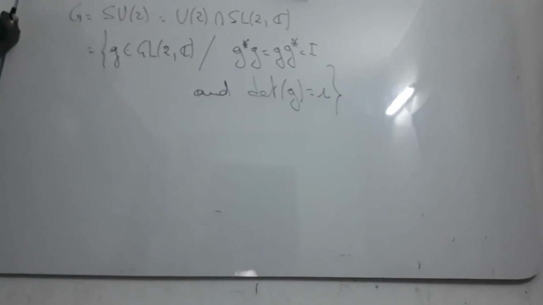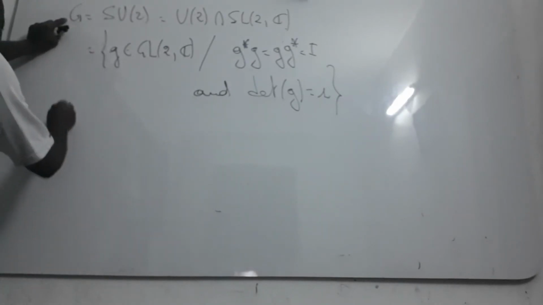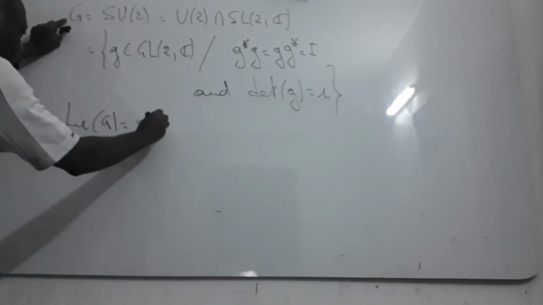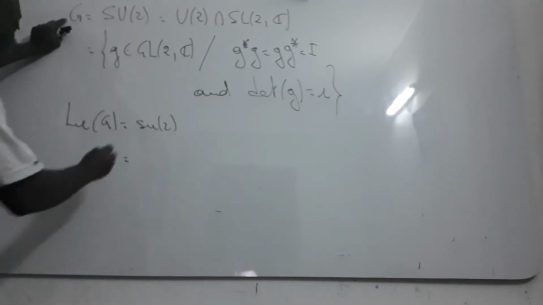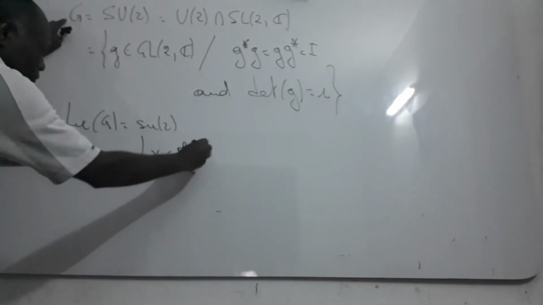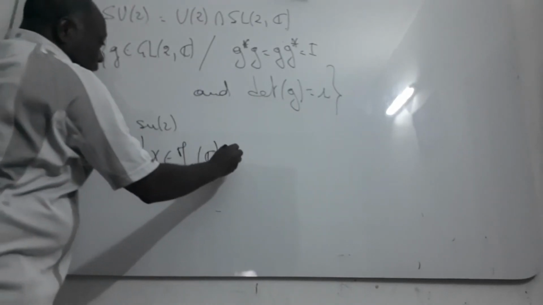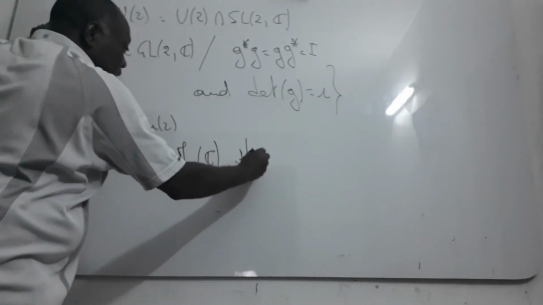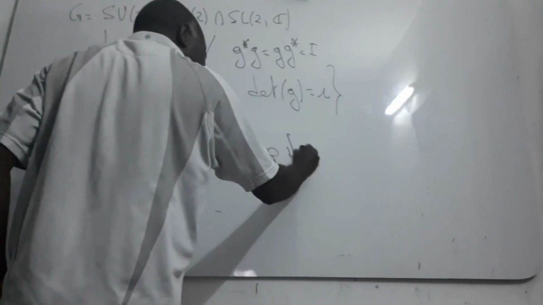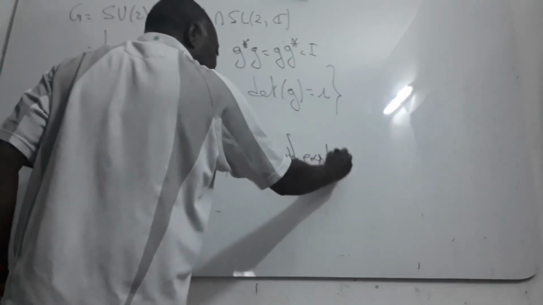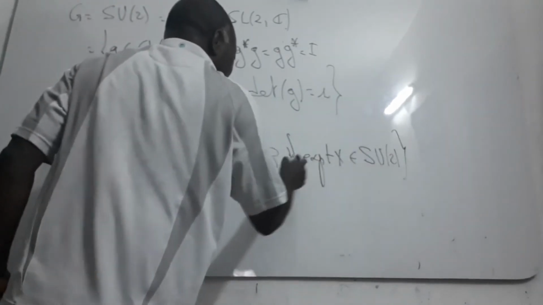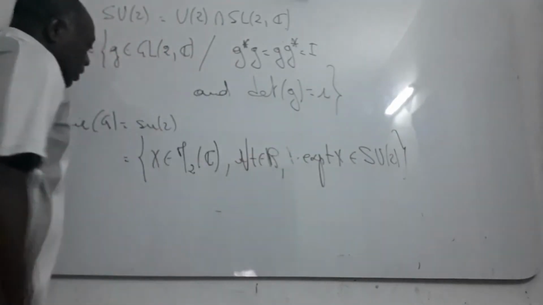So if we compute the Lie algebra of G, which is su(2), it contains some elements X in M2(C) such that for all t an element of R, the exponential of tX is an element of the group.